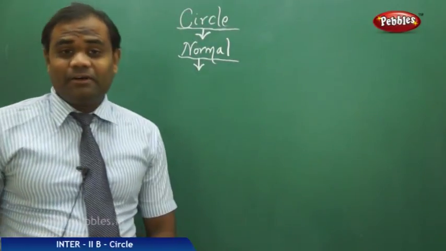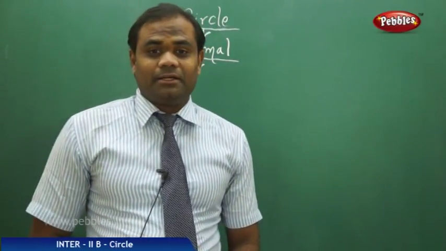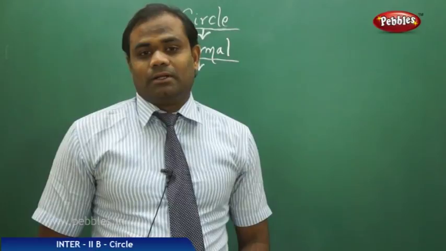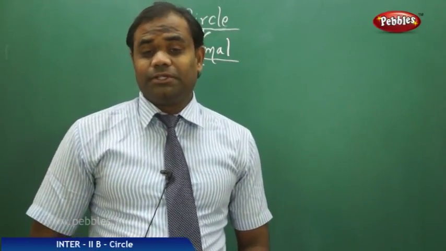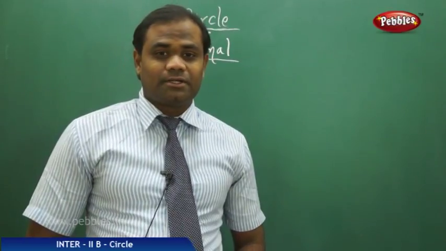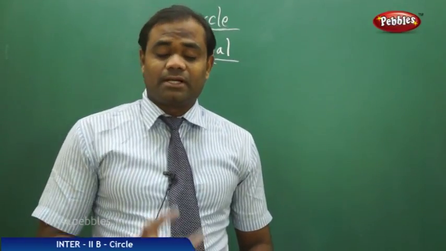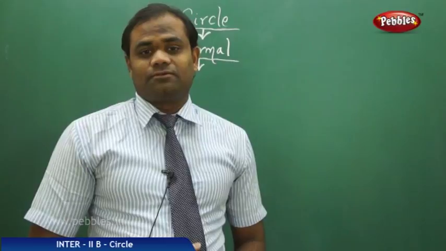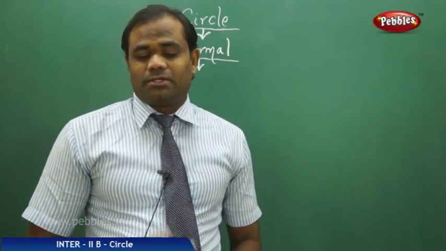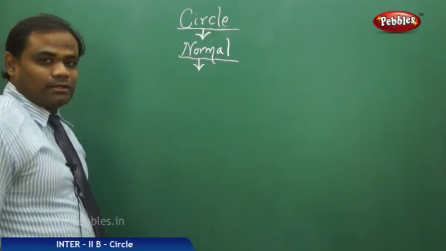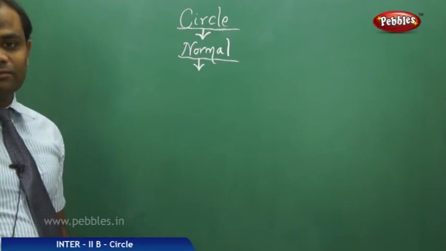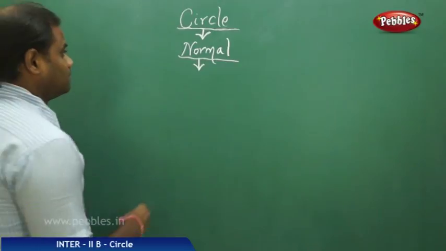So now that we have defined the tangent, similarly we define the normal. The tangent and normal are always associated with each other. Wherever there is a tangent, there is a normal, and wherever there is a normal, there is a tangent for the circle. So let's see what the normal for the circle is. Before we understand the normal, let's recap with the tangent of the circle S equals 0.